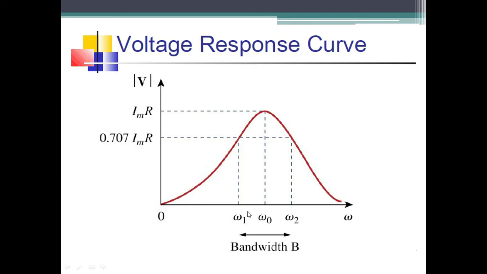Once the frequency increases again from the central frequency to the upper cutoff frequency, the current decreases, meaning from omega 0 to omega 2 an inversely proportional relationship occurs. From omega 1 to omega 0, as the frequency increases, the current also increases, meaning a linear relationship is obtained between the frequencies omega 1 to omega 0.